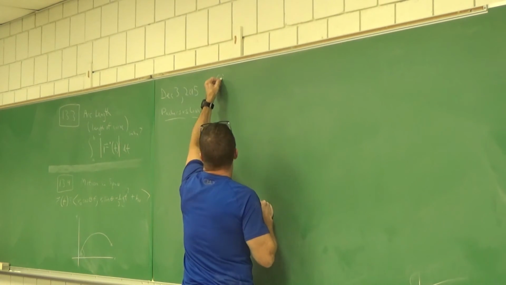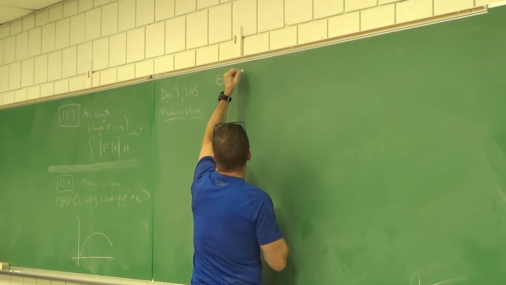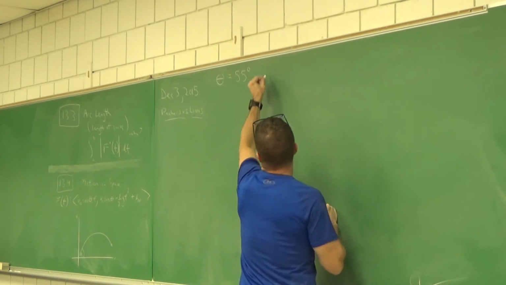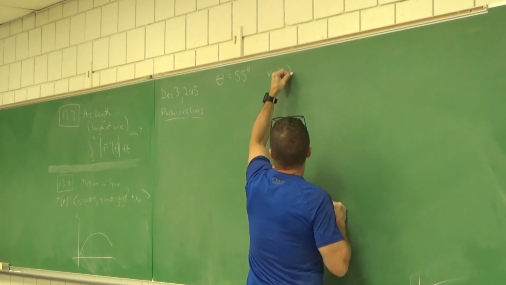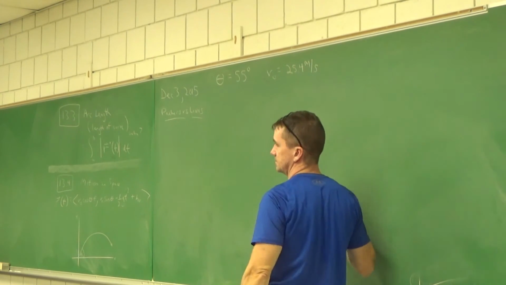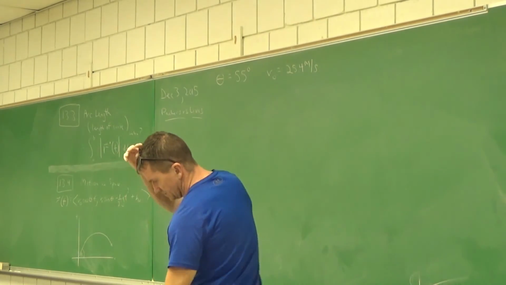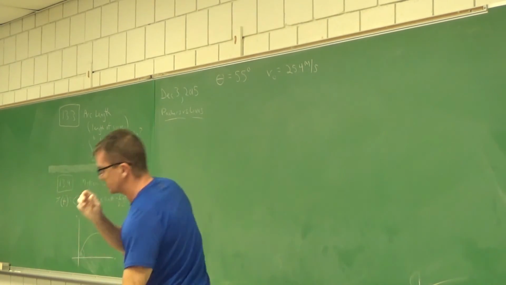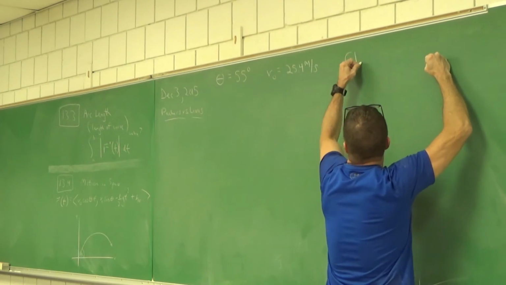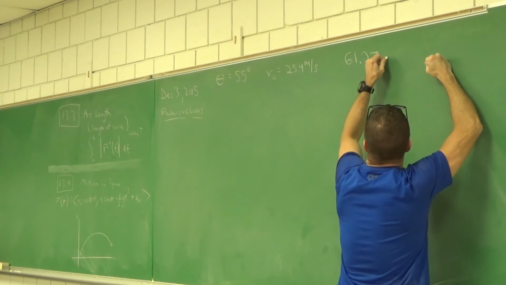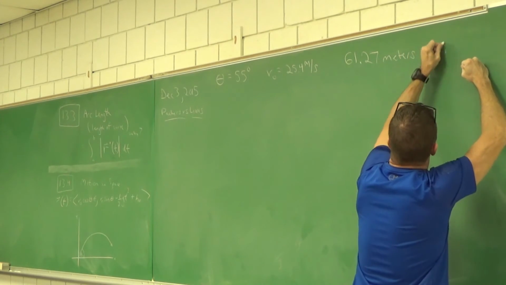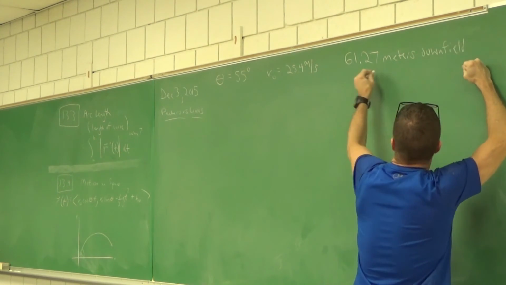The angle of elevation is 55 degrees. The initial speed was 25.4 meters per second. What was the distance down the field that he threw this thing? And when he launched this thing, I'm going to put it in meters, 61.27 meters downfield, there was a receiver. So I'll just put in parentheses.